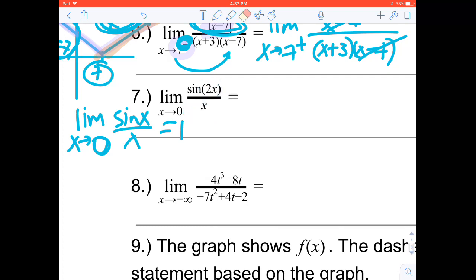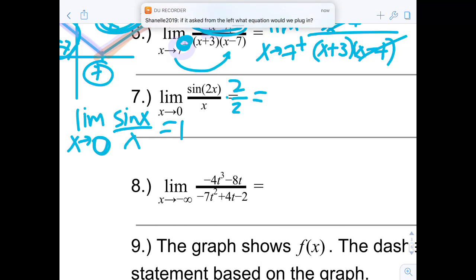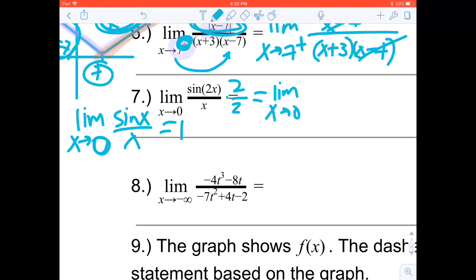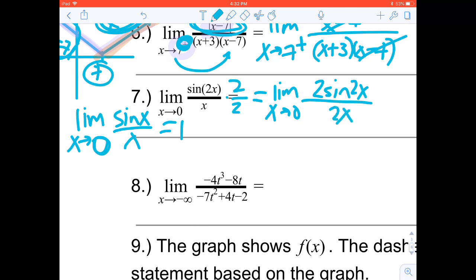So in order to get a 2x in the denominator, I have to multiply it by 2. But whatever I do to the bottom has to happen to the top. So this is getting me the limit as x goes to 0 of 2 sine 2x over 2x.